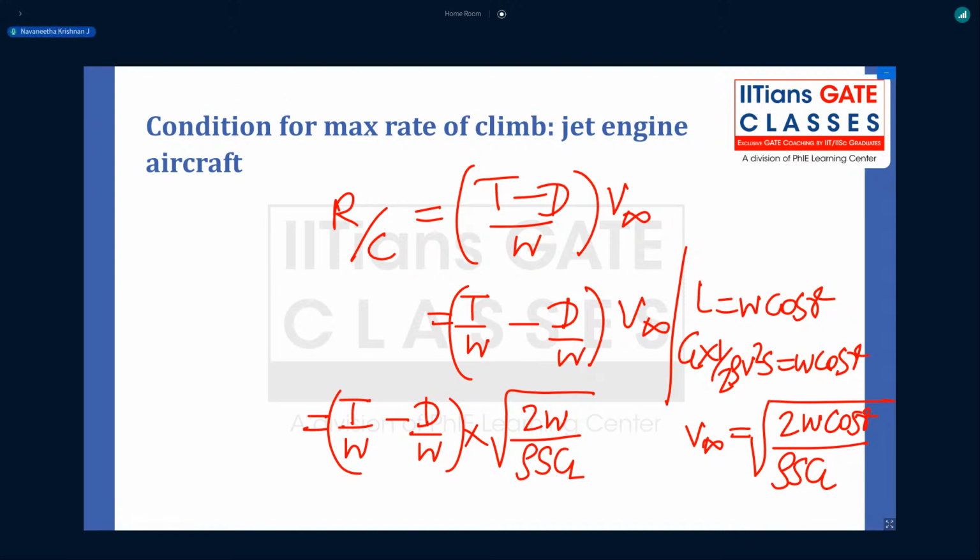Since weight, density, and wing area are fixed quantities at a constant altitude, and during climbing flight density varies slightly but we assume the change is negligible, we assume all these as fixed quantities. The only thing that changes during climbing flight is CL.